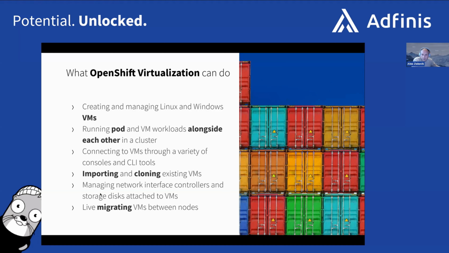You can also do live migration between nodes, manage network interfaces, and attach additional storage drives. Depending on the operating system, that can be done live, or it can be done with a short downtime. So why would you use OpenShift Virtualization?